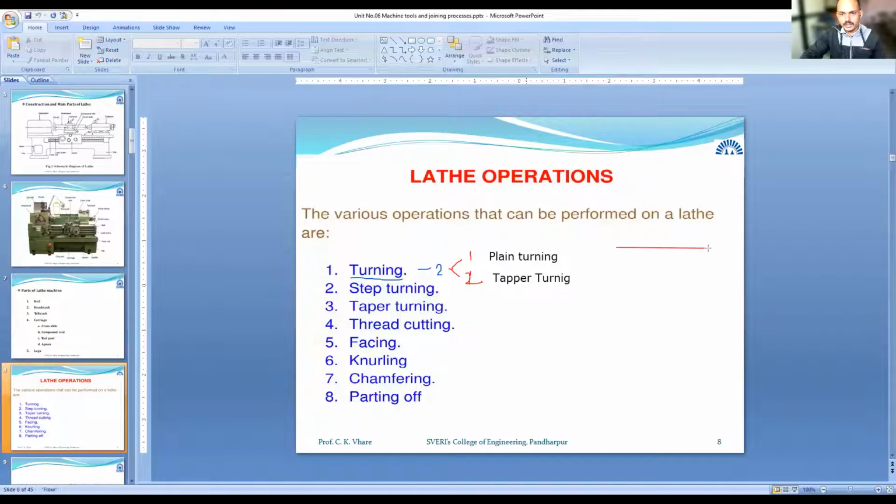This is the shaft, which has diameter D. If I have to reduce the diameter of that shaft, then I can use plain turning. This shaft will rotate and I will give a cut with the help of the tool. Suppose this is the tool.